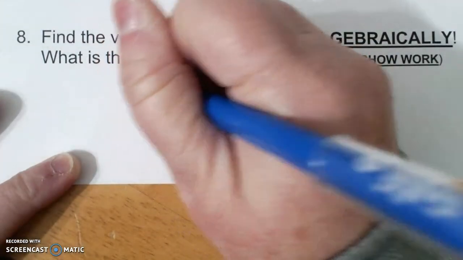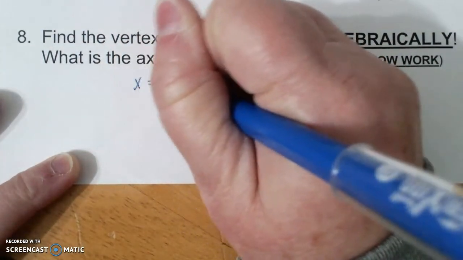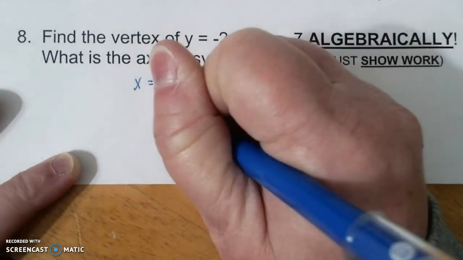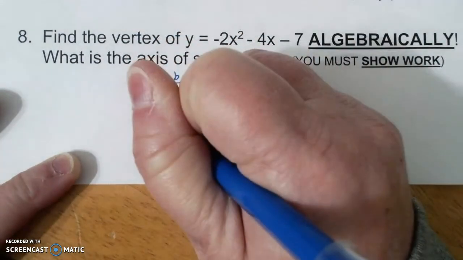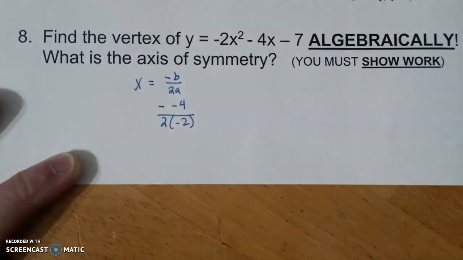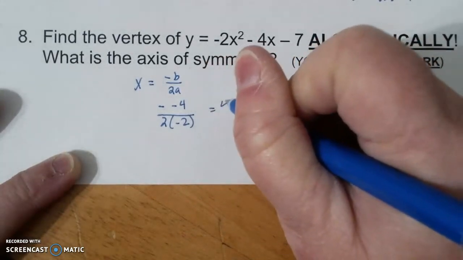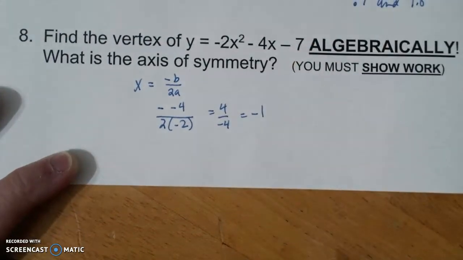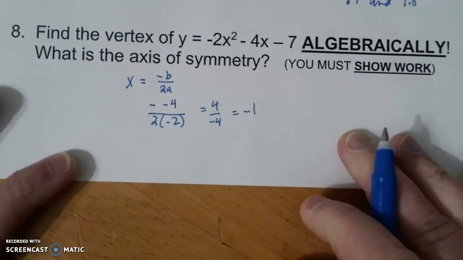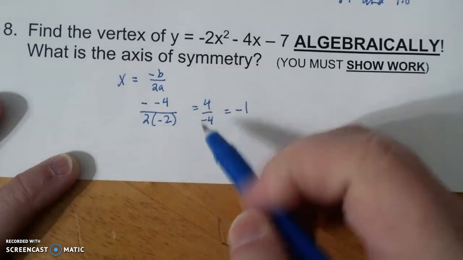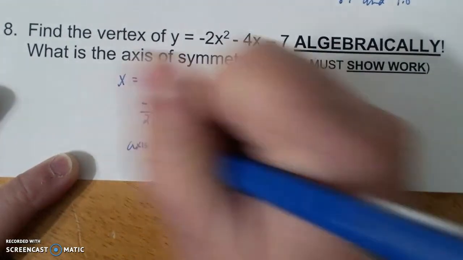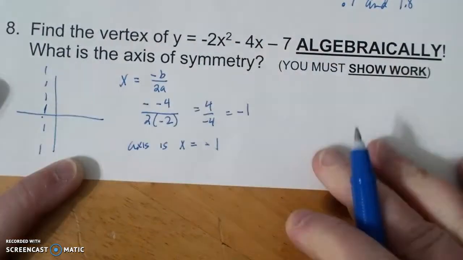The axis of symmetry is the opposite of b over 2a, which is the opposite of negative 4 over 2 times negative 2, which is positive 4 over negative 4, which is negative 1. So the axis is x equals negative 1. If I'm graphing it, I have a dashed line at negative 1.